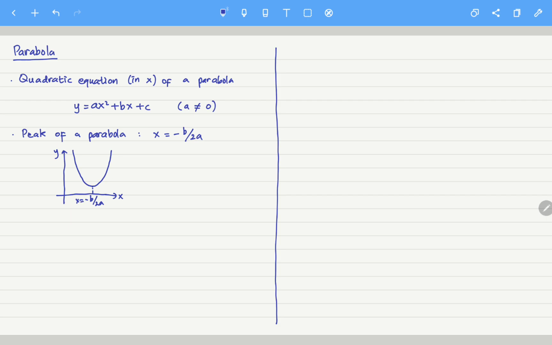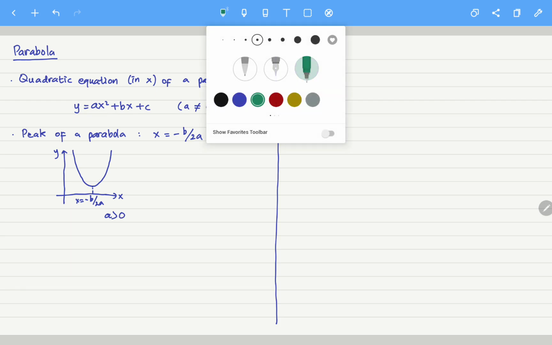So this example of a parabola is for a greater than 0.